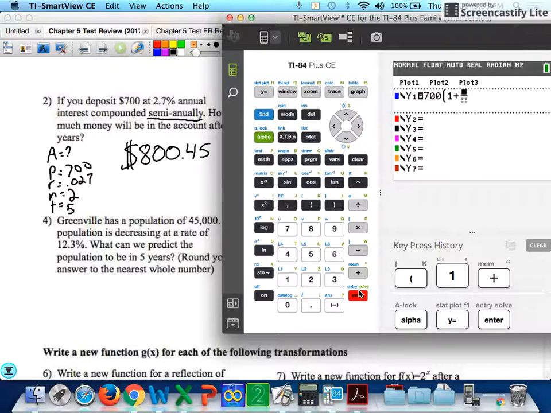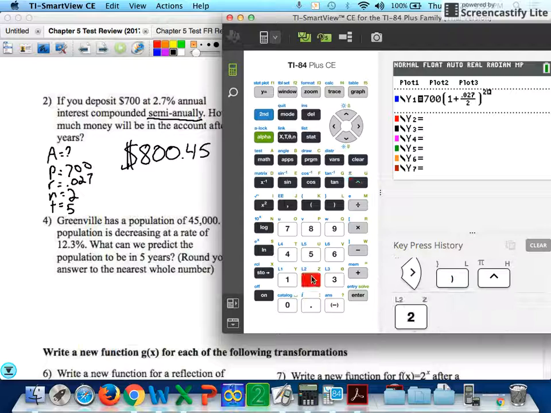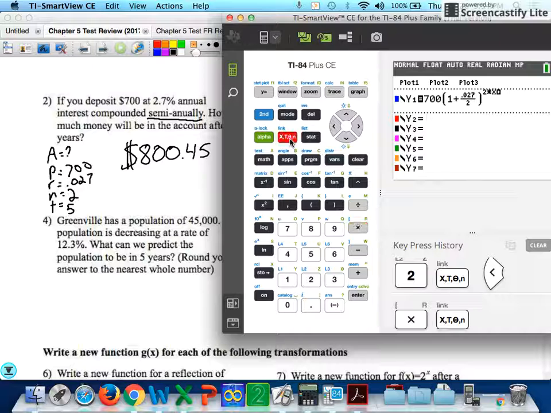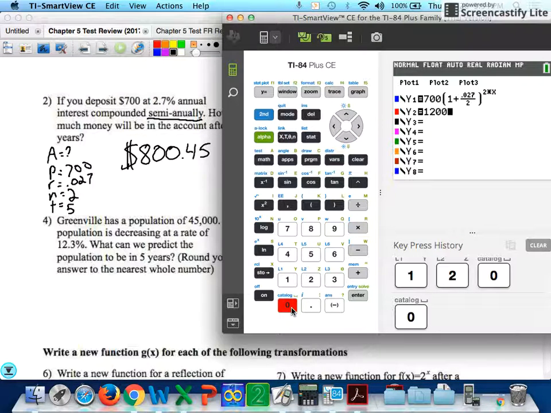Our rate and our n are still the same. And now we raise it to the n times t power. And we know n, but this time they didn't give t. A lot of people were plugging 5 in here because the last problem said 5 years, but this time we didn't have t, so we used x, just so that it looks like the formula. We want to know when this intersects the line 1,200.